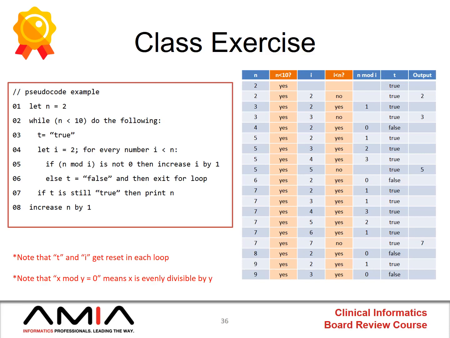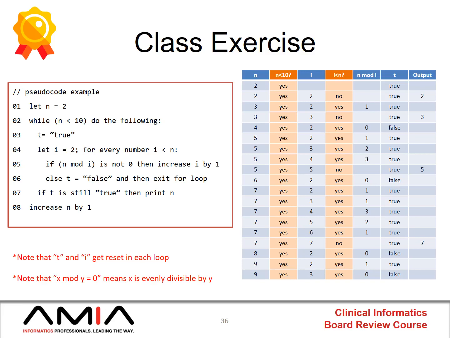So if you follow this example, basically I start with n equal to 2. Initially it asks if n is less than 10, which is true. So t gets assigned the value true. And now i is equal to 2. We're on line 4, but i is not less than n because now they're both equal to 2. So that statement, for every number i less than n, is not a true statement.